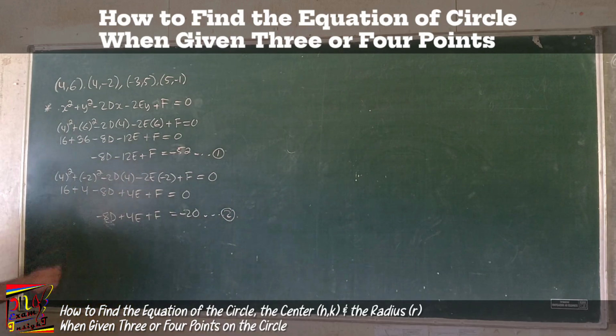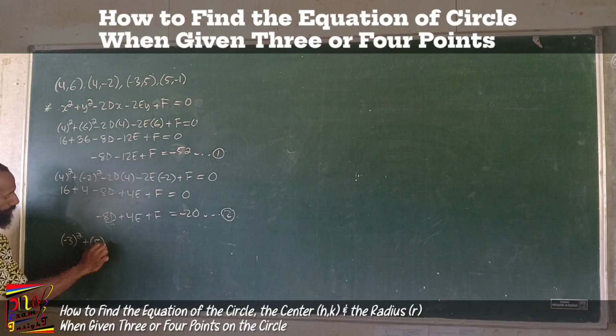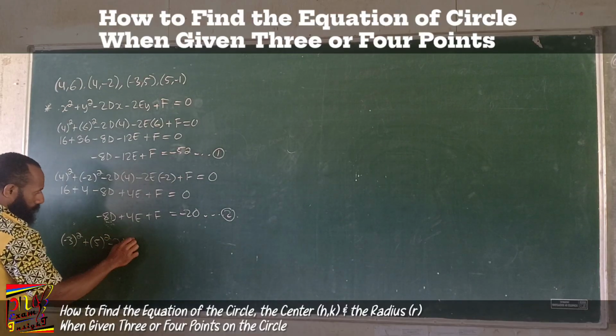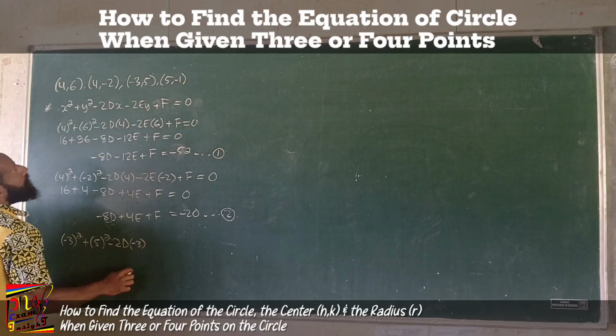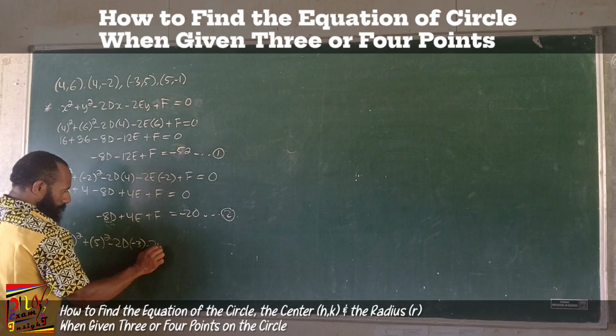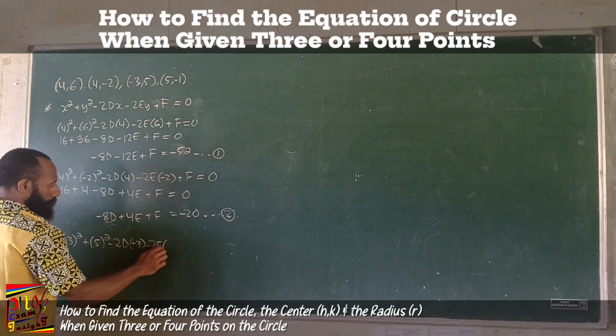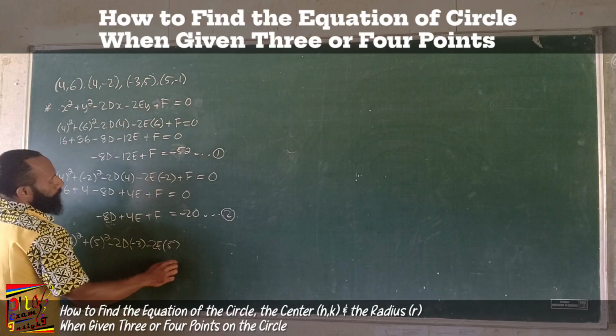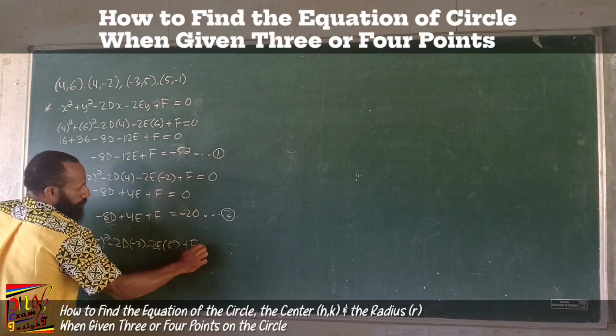Let's go on to the next point, minus 3 and 5. Our X is minus 3: minus 3 squared plus 5 squared minus 2D times minus 3 and minus 2E times 5, plus F equals 0.